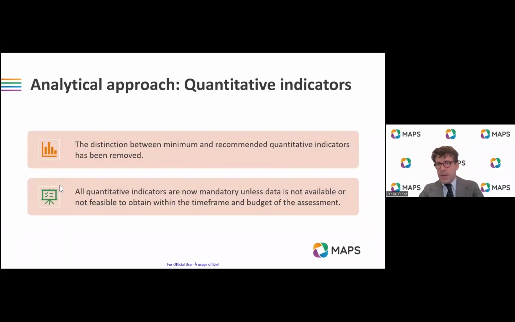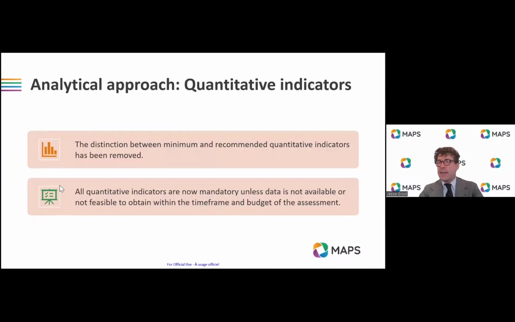The reason we have done this is that the experience from all assessments is that teams always sought to do as many quantitative indicators as they could, and the only limitation on it was really lack of data. So for this reason, we thought there was no reason to have this distinction anymore.